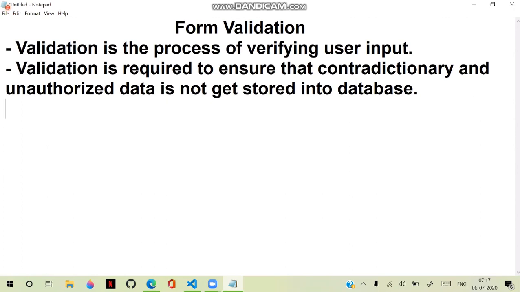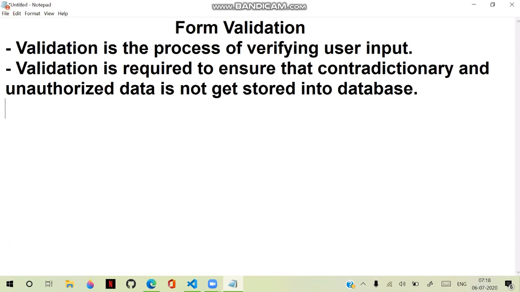That is unauthorized. So validation is required to make sure that contradictory and unauthorized data is not stored into the database. That is one of the important points about validation.